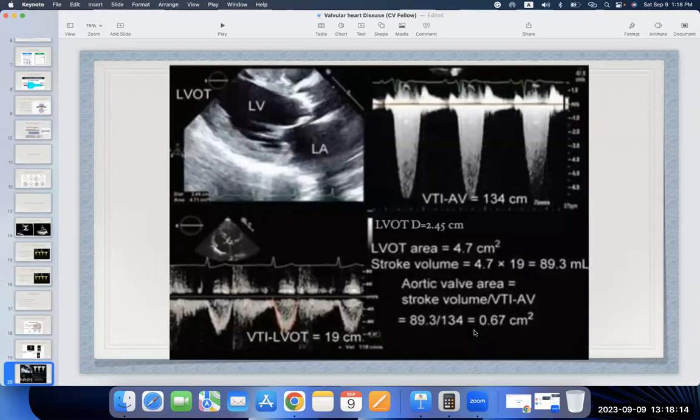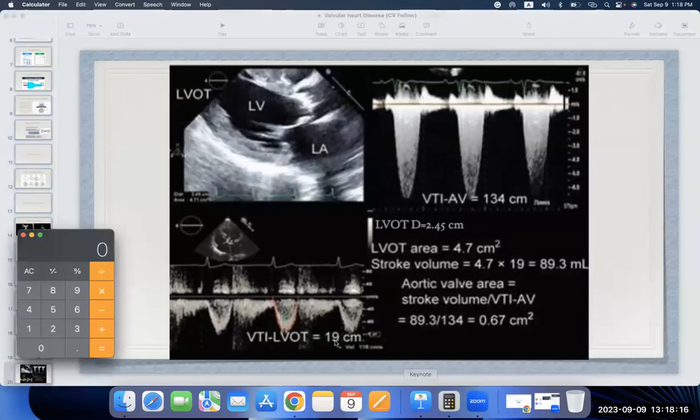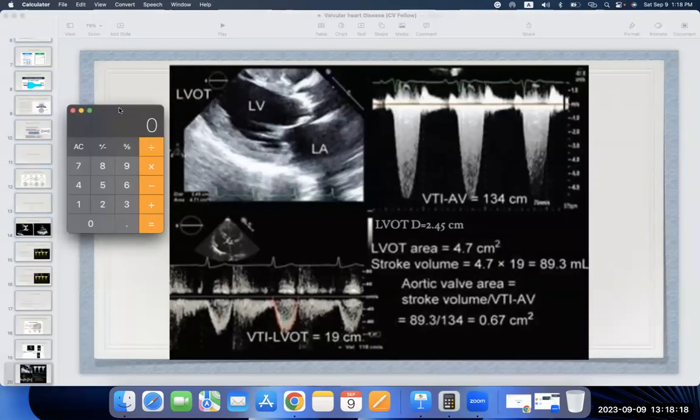For example, for this patient, if we want to calculate it together, just to do some practice, let's say we measure the diameter here and we get an LVOT diameter of 2.45. So I will say 2.45 divided by 2. I will get the radius, 1.225, and then I will multiply it by the same 1.225.